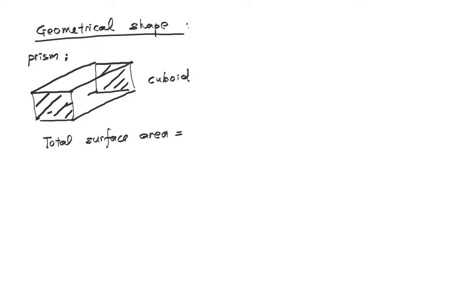The answer is no. The total surface area will be 2 times the area of cross section. That means a prism is a shape with a regular cross section, that means the end faces are the same.